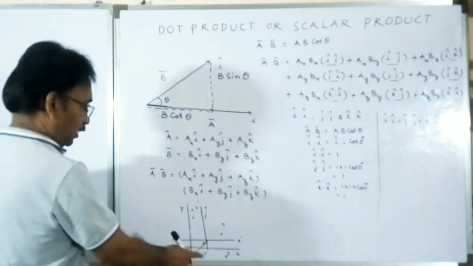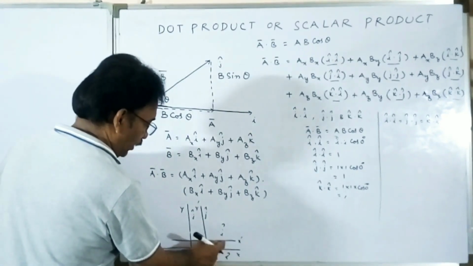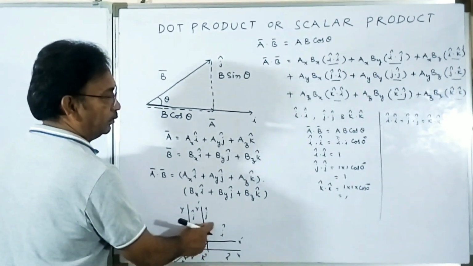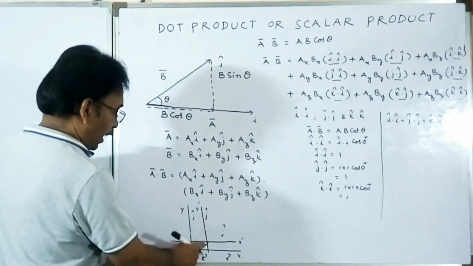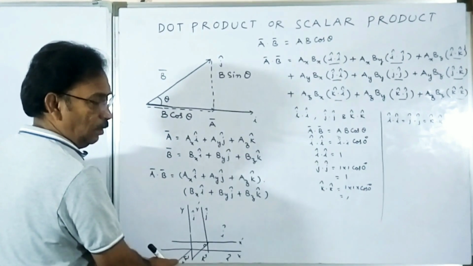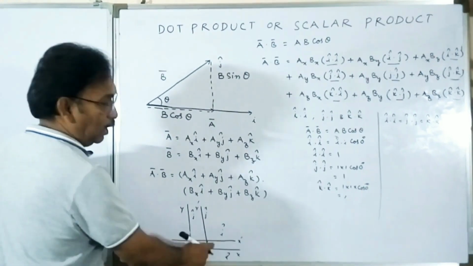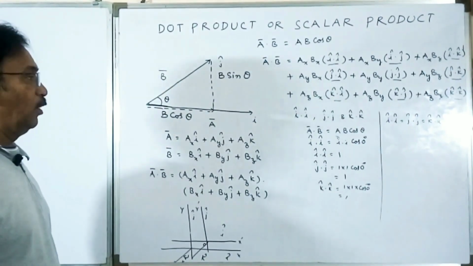And if you watch these vectors, i and j are mutually perpendicular, j and k are also mutually perpendicular, and k and i are also mutually perpendicular.